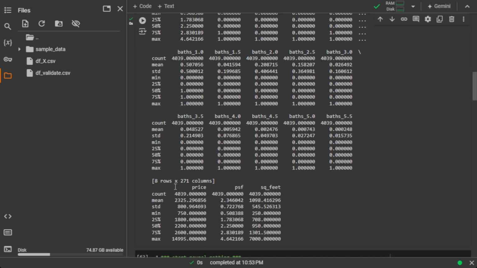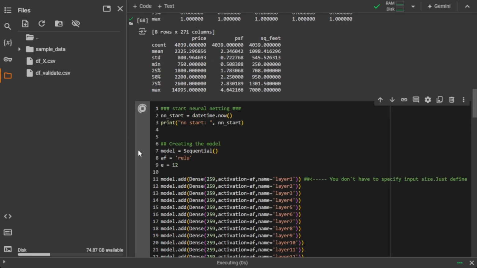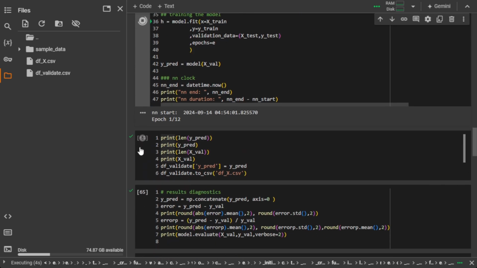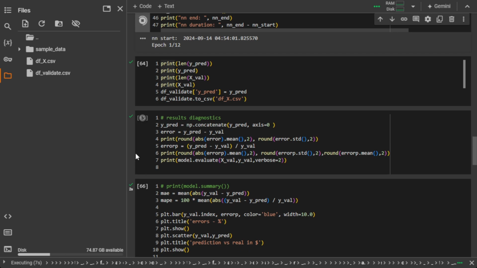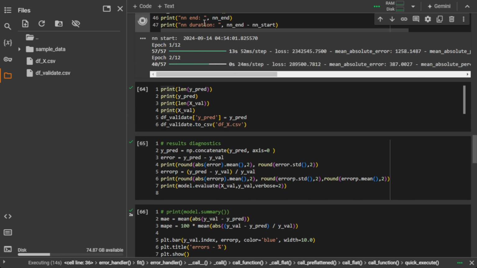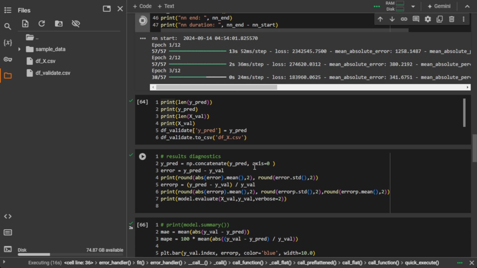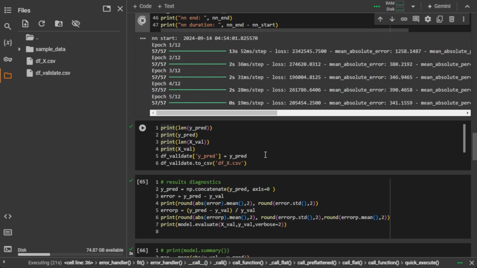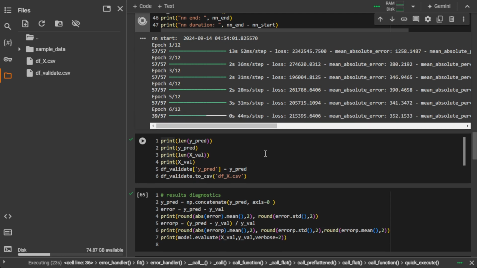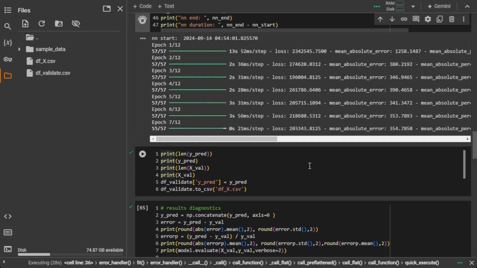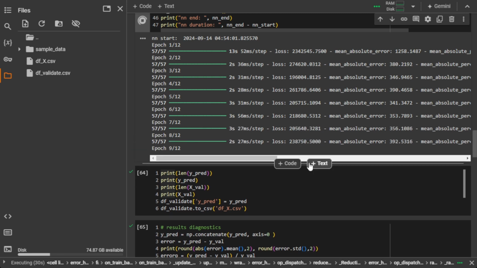Okay, so let's run the model with 12 epochs. 40 seconds, folks. That's my guess.